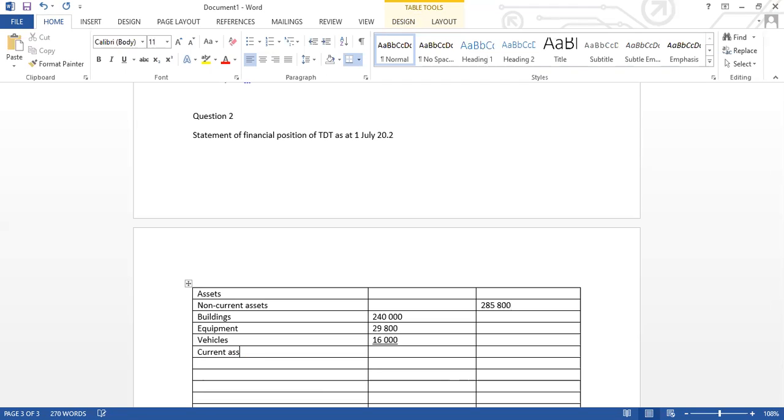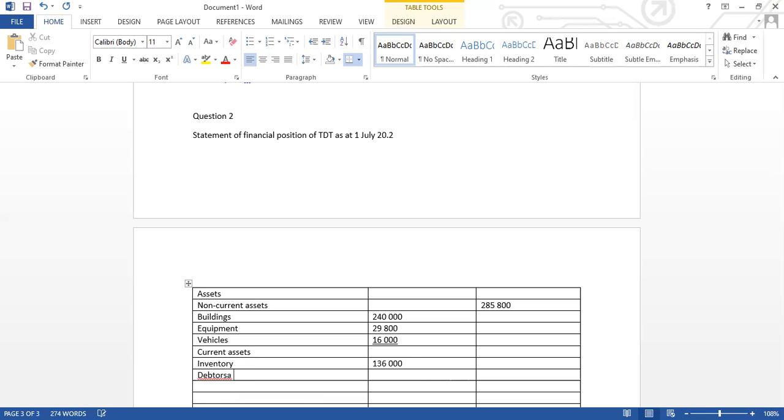So what current assets do we have there? Inventory. Was inventory revalued? Yes. So we use the new revaluation amount. It was valued at how much? 136,000. What else do we have? Debtors.